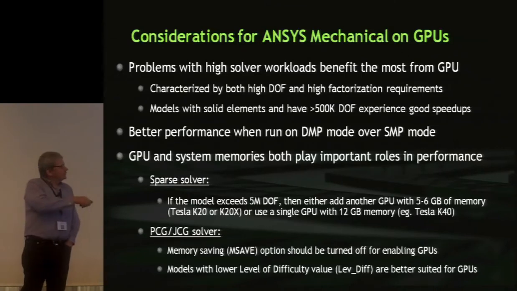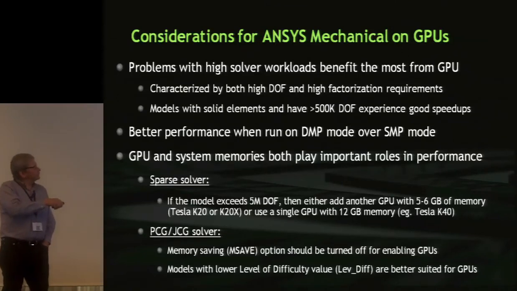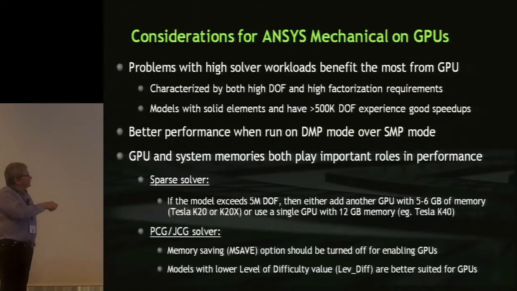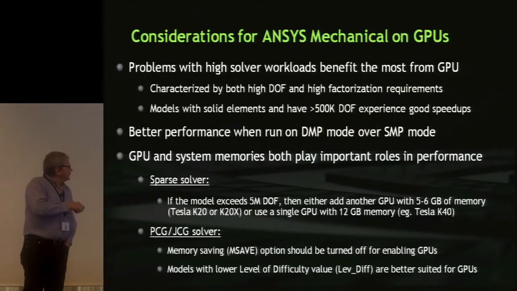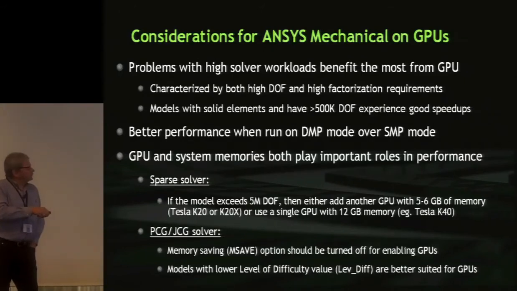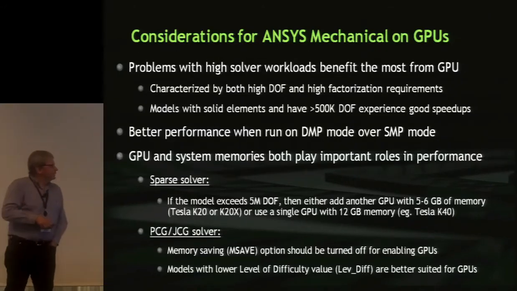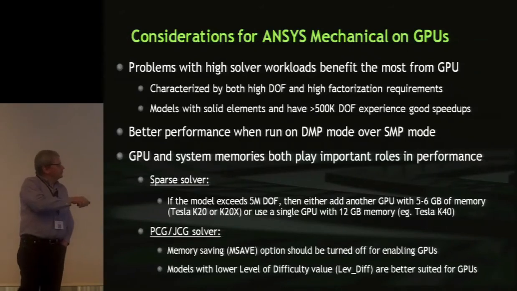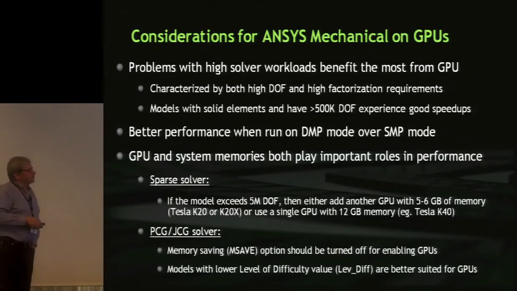In this case, the Tesla K40, for instance, with 12 gigabytes of memory. For the PCG and JCG solver, you should turn off the memory saving option, and also the models with lower level of difficulty values, the so-called Lev_Diff, are better suited for GPUs.